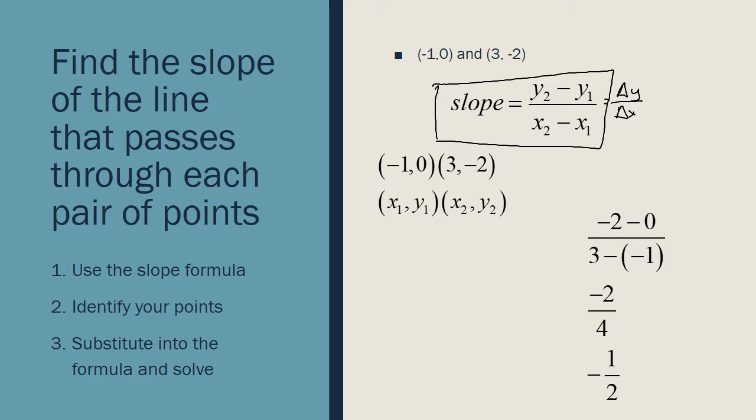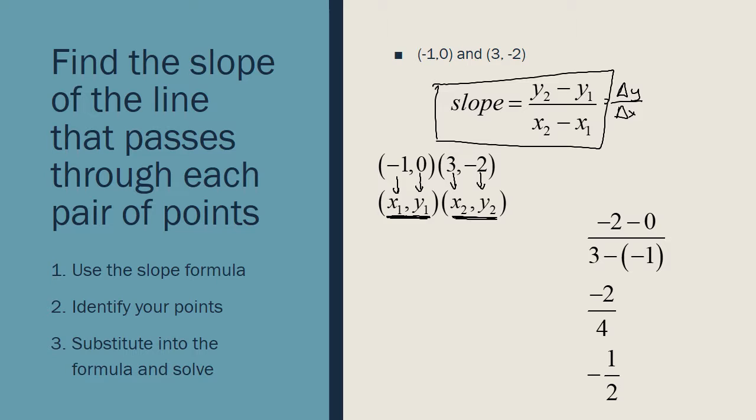It really doesn't matter. You're just identifying x1 and y1, x2 and y2. But note, x1 and y1 are always together, and x2 and y2 are always together. I've identified this first point as my x1, y1, and this one is my x2, y2. You can do the other as well. It just makes it easier once you've identified to separate them.